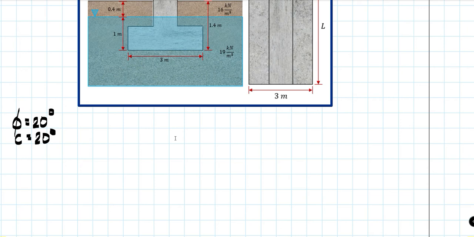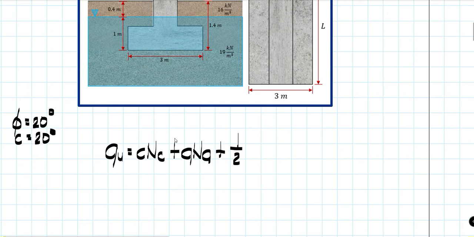Siyempre, sa Terzaghi muna tayo, which is, since this is a continuous footing, we'll be using qu is equal to cNc plus qNq plus 1/2 gamma B N gamma. So, yan ngayon yung ating ultimate bearing capacity equation for Terzaghi.